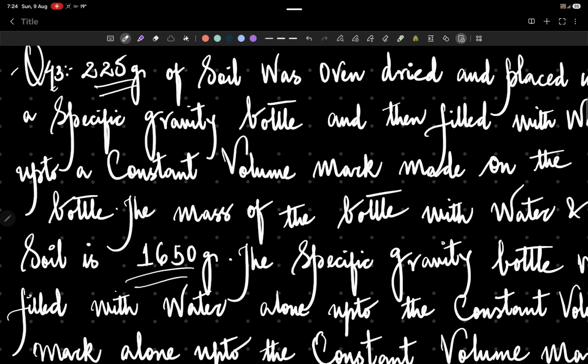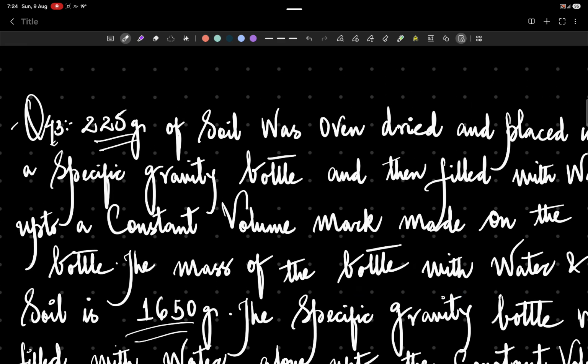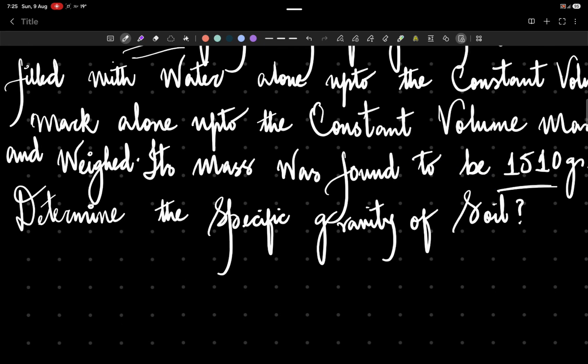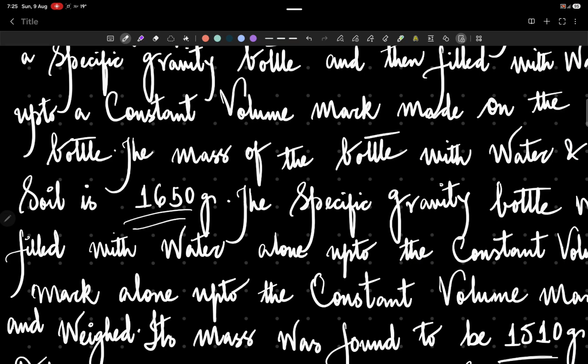All right, so this question is based on the determination of specific gravity of soil based on this specific gravity bottle. We have to make the calculations and find the specific gravity of the soil. The question is based on the density bottle method for determination of the specific gravity of soil solids.